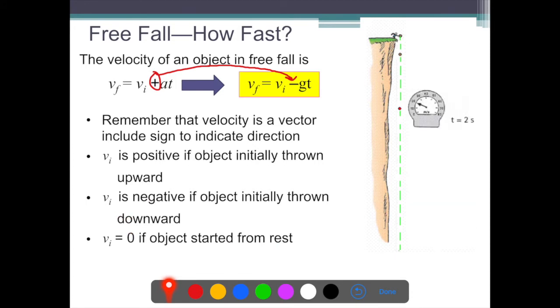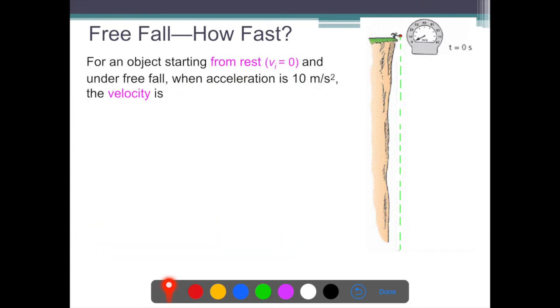Okay, so let's analyze free fall further to understand it more conceptually. And let's consider the special case when the object started from rest and Vi is equal to 0. So for an object starting from rest, Vi is equal to 0, and under free fall with negligible air resistance, when acceleration is 10 meters per second squared, what will be the velocity after 1 second?